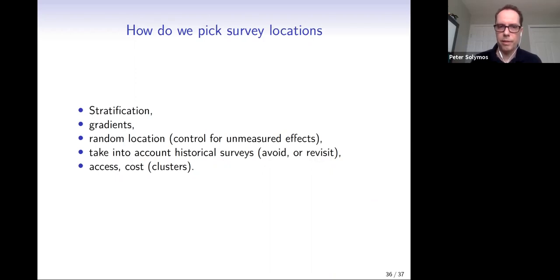And having randomly chosen locations is helpful in controlling for unmeasured effects. And then also, if there are historical surveys in the area you are going to, you might decide to avoid these, so you have more independent locations to use.